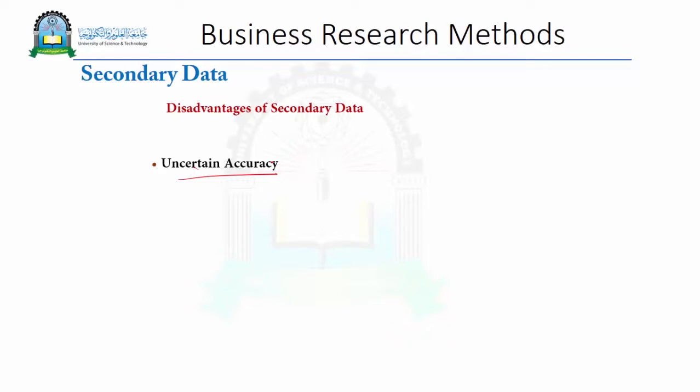We don't know whether he has gone through a scientific research process or not, in terms of the data collection, the data analysis, and coming up with the findings. So you are going to take ready-analyzed secondary data, and we are not certain about the accuracy.